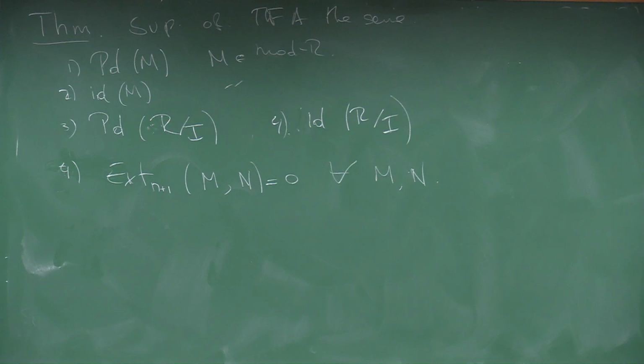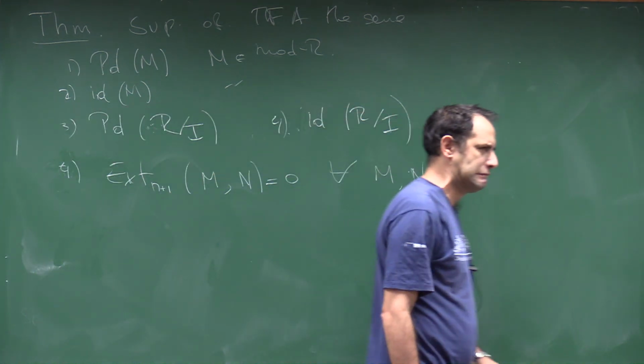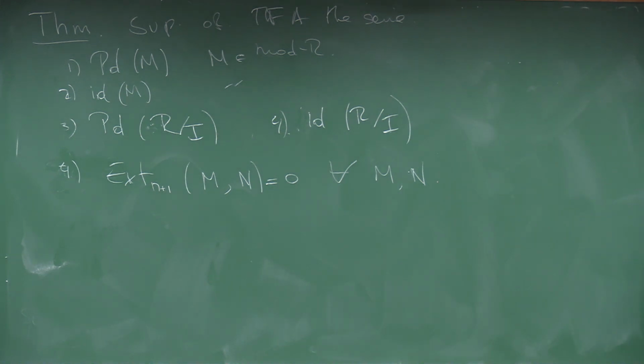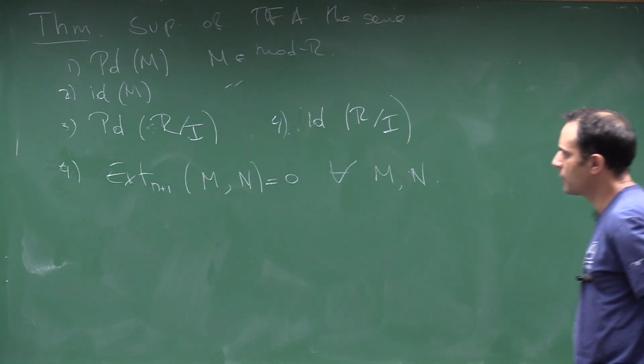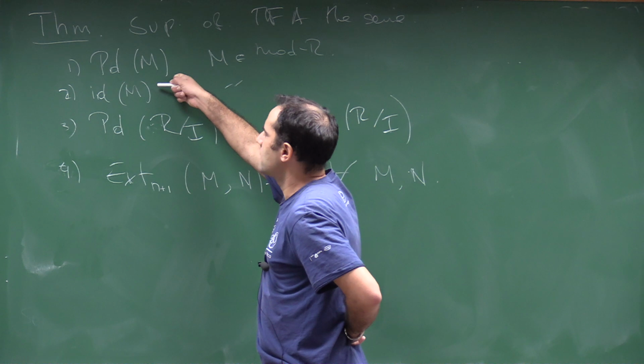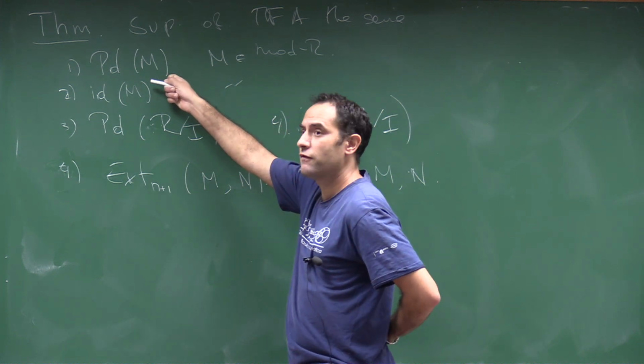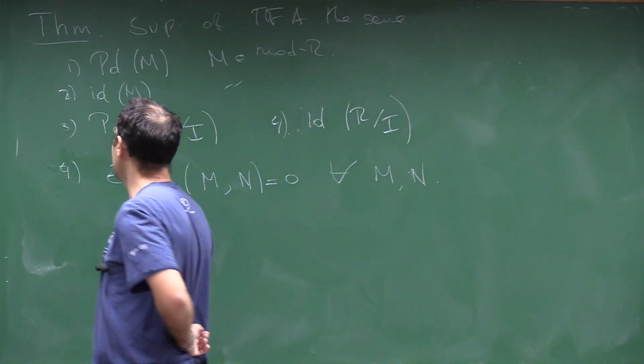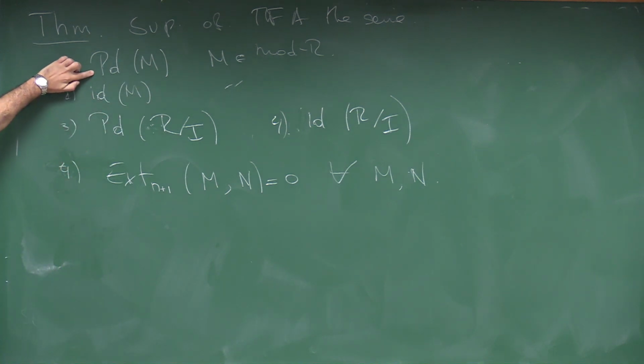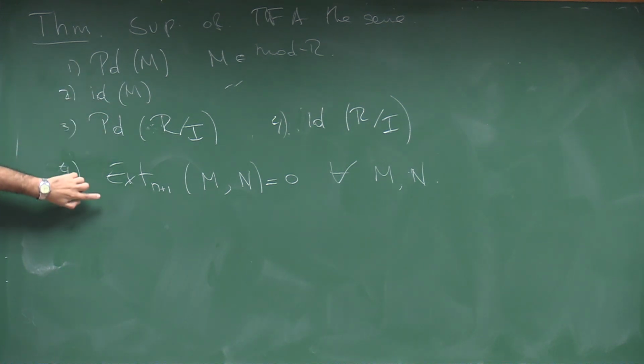Well, what didn't I prove already? Let's see. It looks to me like we've already proven everything here. Let's say that the projective dimension of this is less or equal than n. Then it implies this.